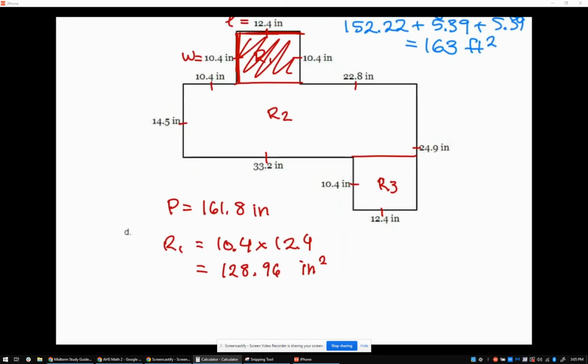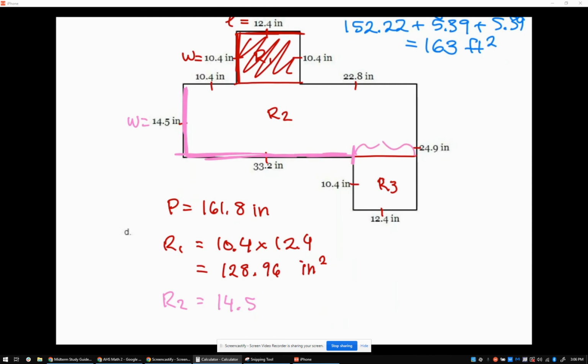Let's go ahead and now take a look at the larger rectangle. We've already got the width, which is nice. This section right here is 14.5, so we can put that down there. Now we just need to figure out the length. We know this section right here, stopping right here, is 33.2 inches. Now we just need to know how much this section right here is.